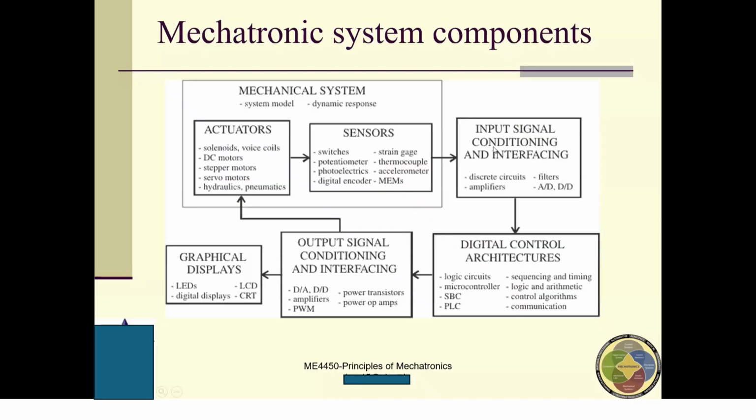You can see conditioning and interfacing, because some raw signals the system cannot process, so you need to do something. For example, discrete circuits, filter, amplifier, AD, and DA. AD means analog to digital converter, and DD means digital to digital.